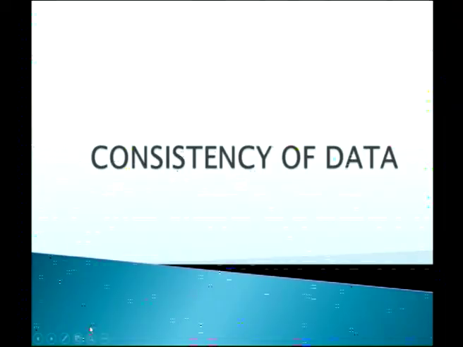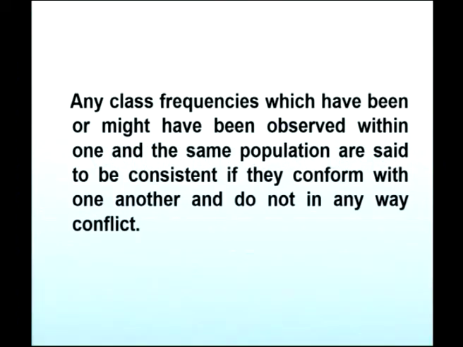What is meant by consistency of data? Any class frequencies which have been or might have been observed within one and the same population are said to be consistent if they conform with one another and do not in any way conflict.